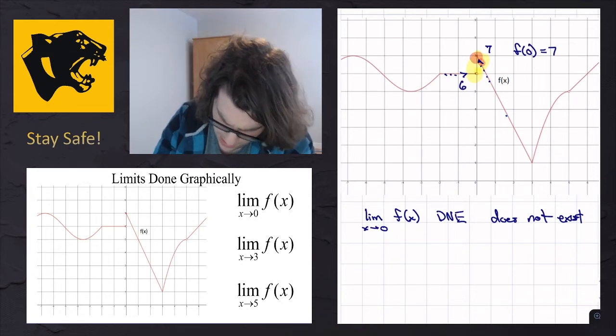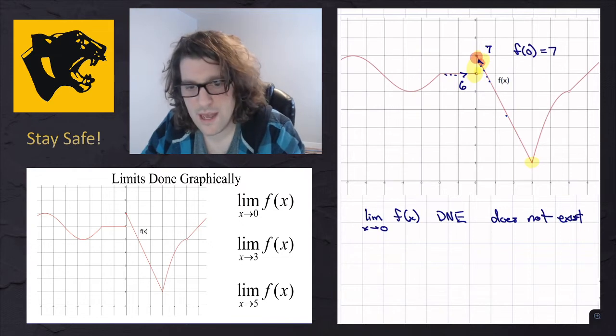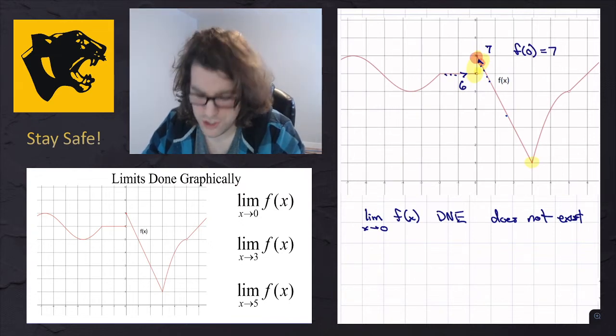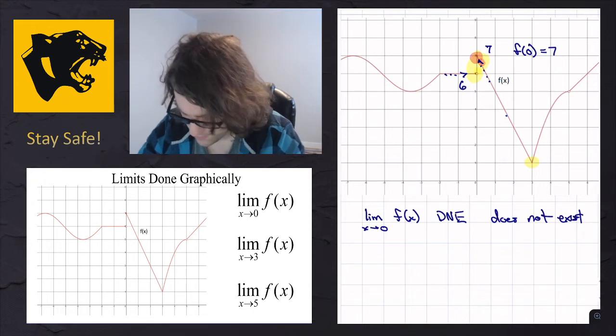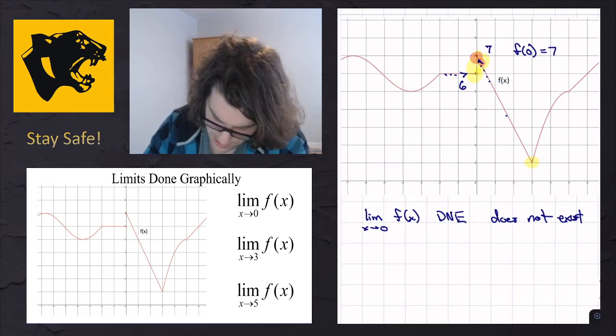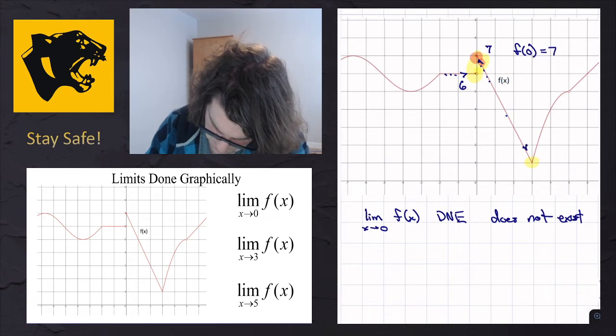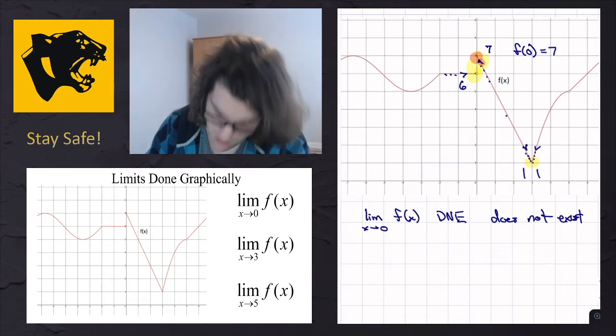So next up, if we instead take the x is equal to 3 value, which is down at this little corner, at that pointed section of this graph, we would notice that coming in from the left looks like we're going to be a 1. And coming in from the right looks like we're going to also be a 1.